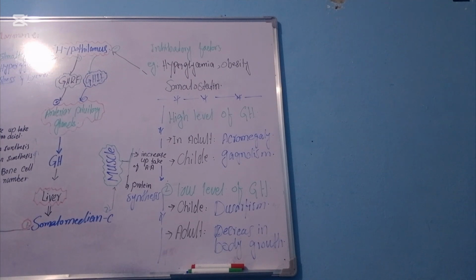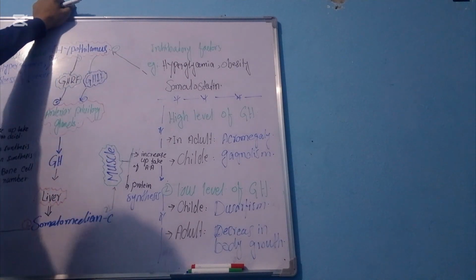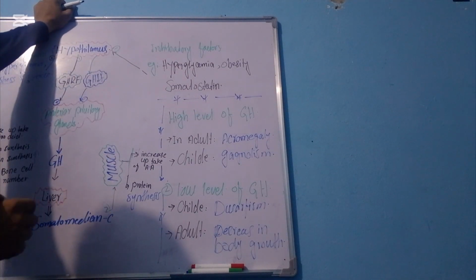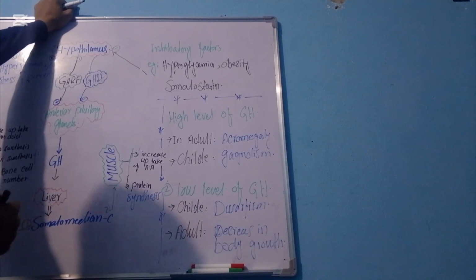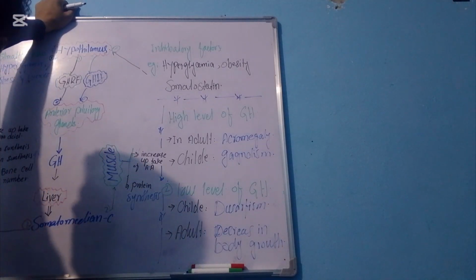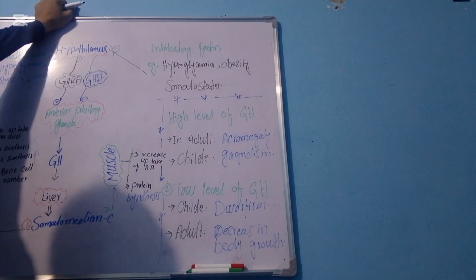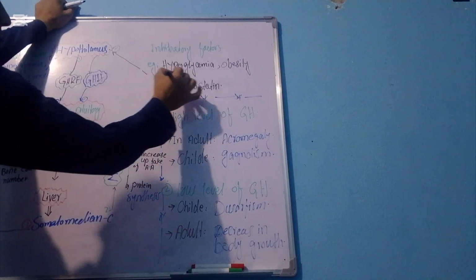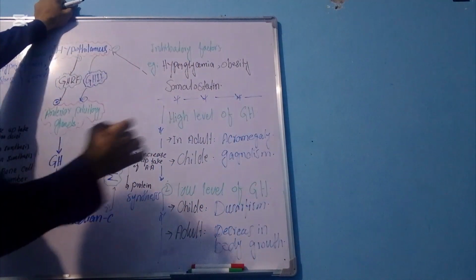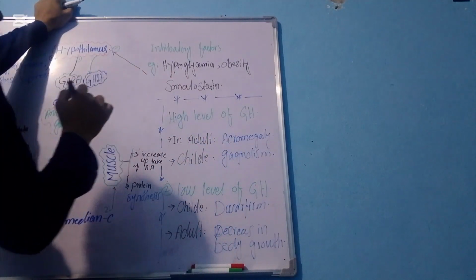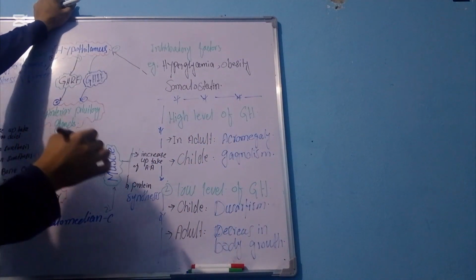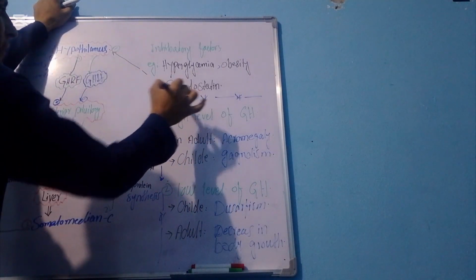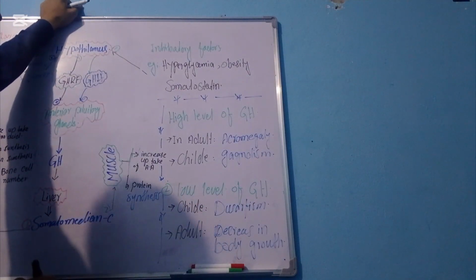Now we discuss the inhibitory factors of growth hormone. पहले हम we discussed that the function of growth hormone is to increase the blood glucose level. So this condition we call hyperglycemia, and obesity and somatomedin C. Somatostatin is an inhibitory factor of growth hormone.